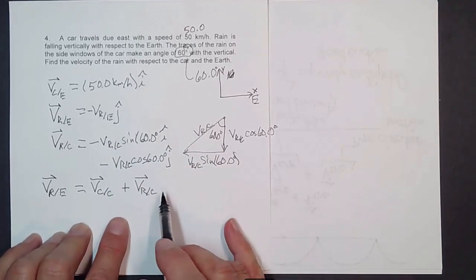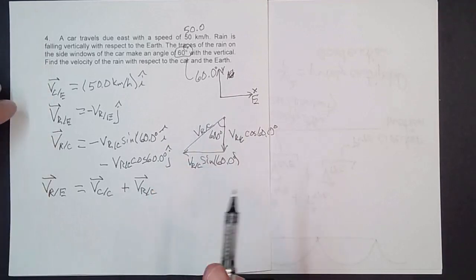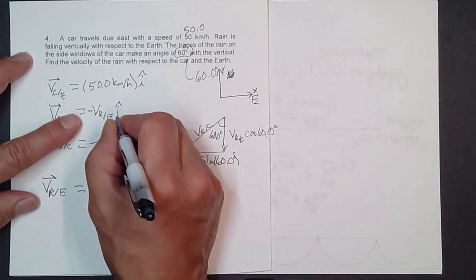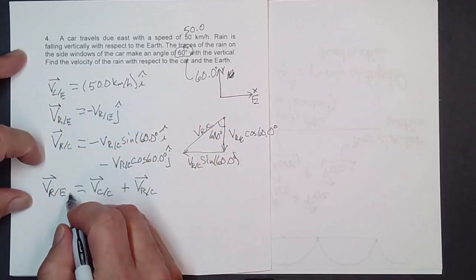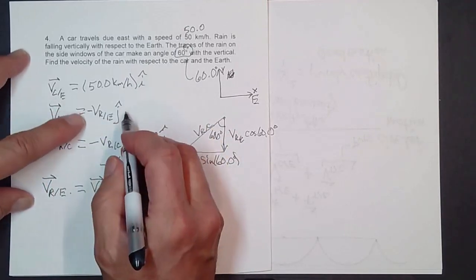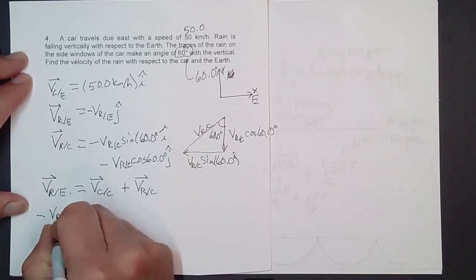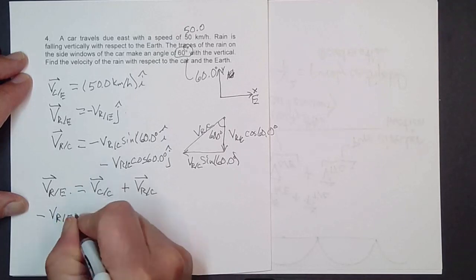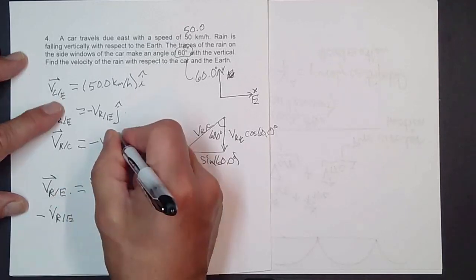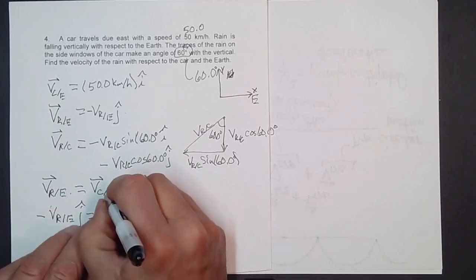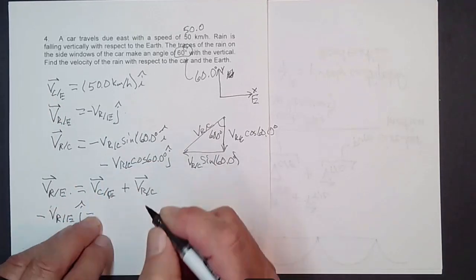Well, what can we get out of this? Let's go ahead and write these down in component form. We would have on the left side of the equation, that's the velocity of the rain with respect to the earth, just this. So minus the velocity of the rain with respect to the earth in the j-hat direction will equal, whoops, this is supposed to be the velocity of the car with respect to the earth.